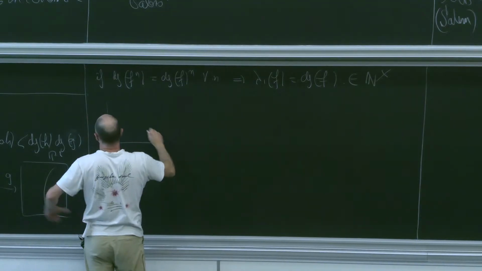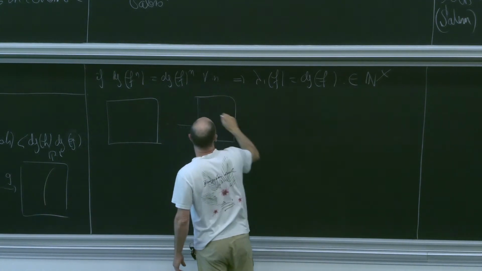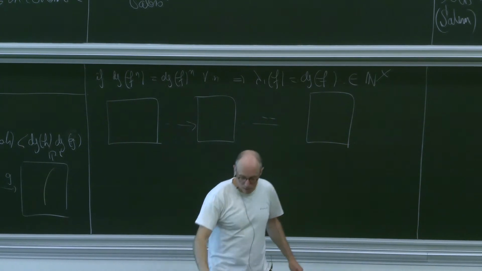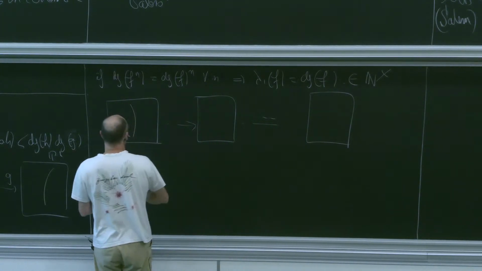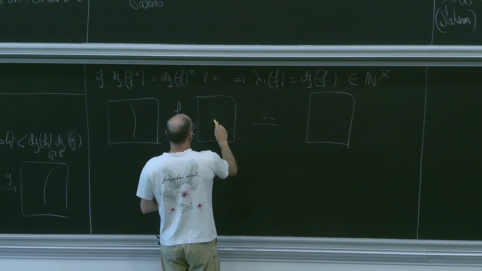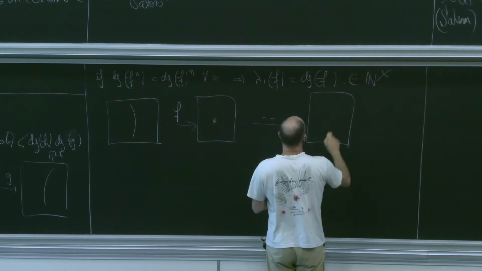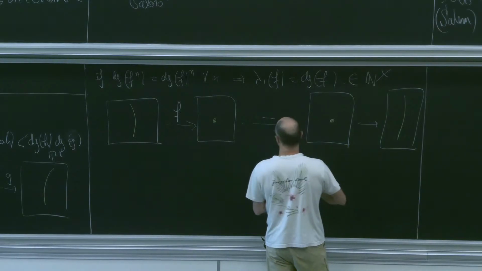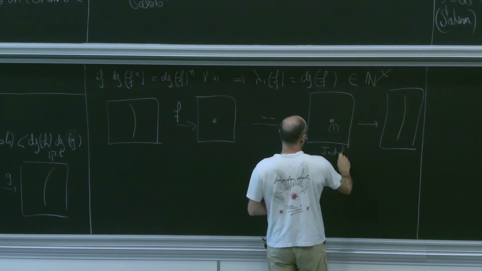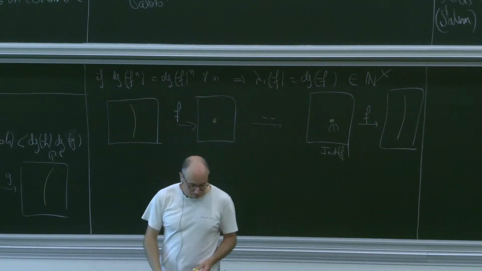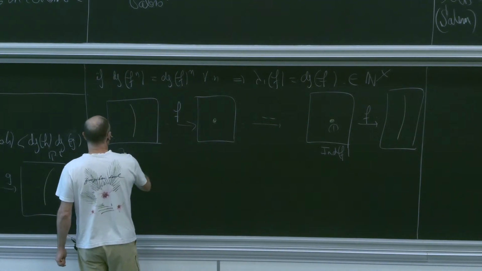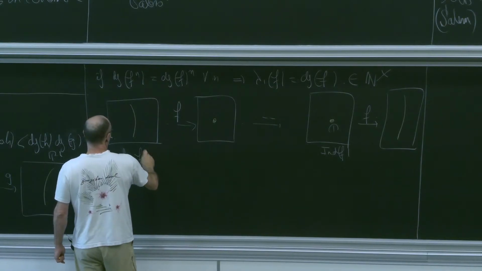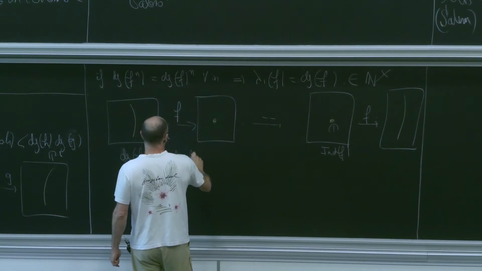Otherwise, if you apply this lemma, you're in the situation that you can find a curve that is contracted by F to a point, and then this point wanders around and eventually is blown up by F, so eventually falls into the indeterminacy locus of F. So this is when, let's say, I take the minimal n such that the degree of F^n is strictly less than the degree of F to the n.